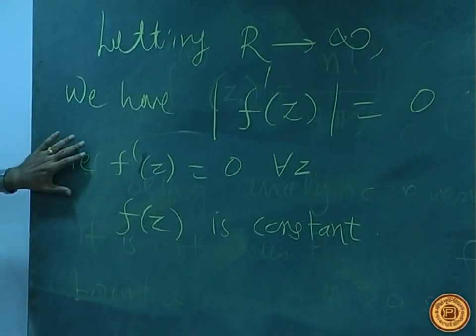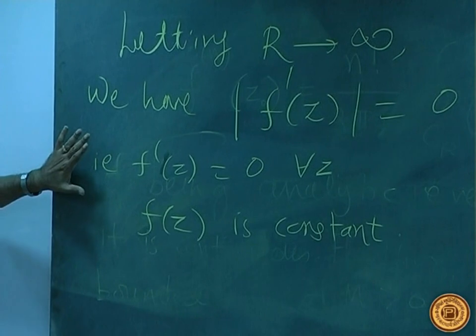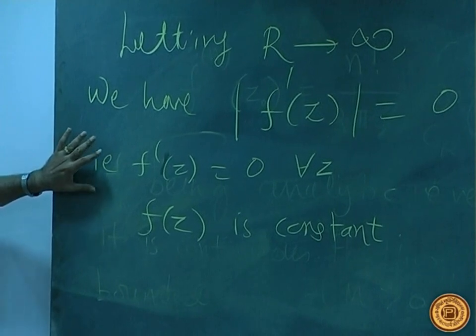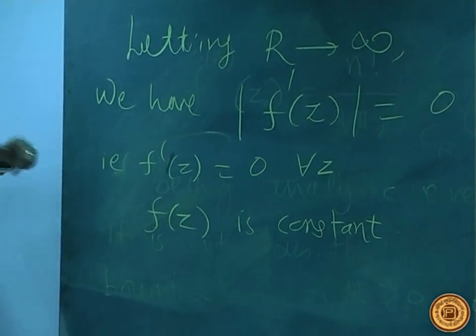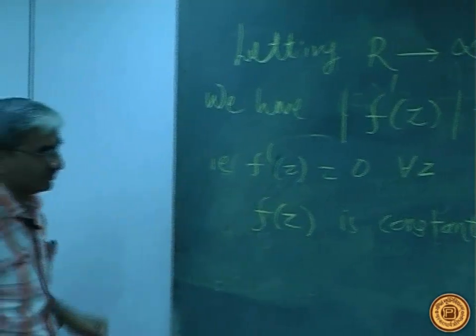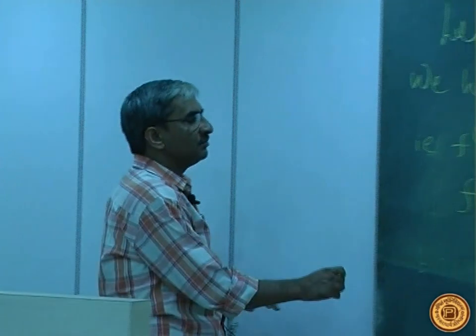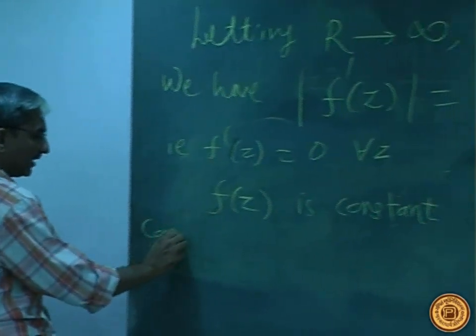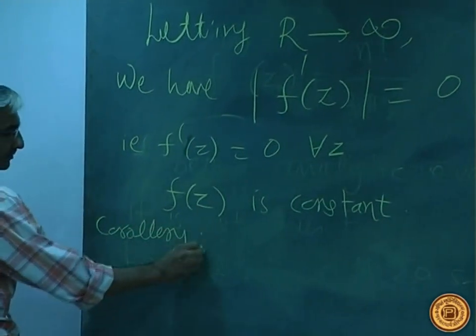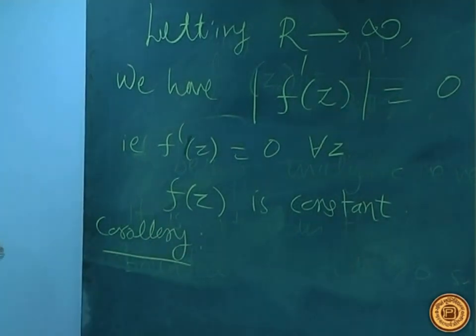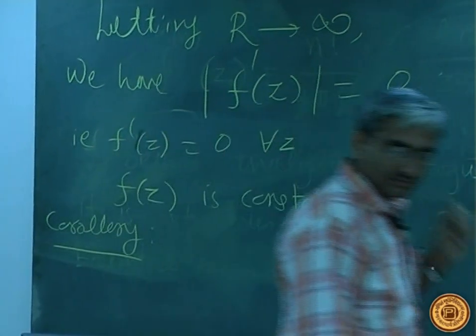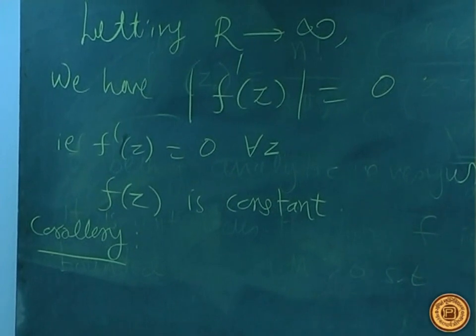All right. This is an application of Liouville's theorem, the Cauchy integral formula, and in turn the formulae for the nth derivative. Okay. All right. So as an immediate corollary of this, let me write that sin Z and cos Z are not bounded.